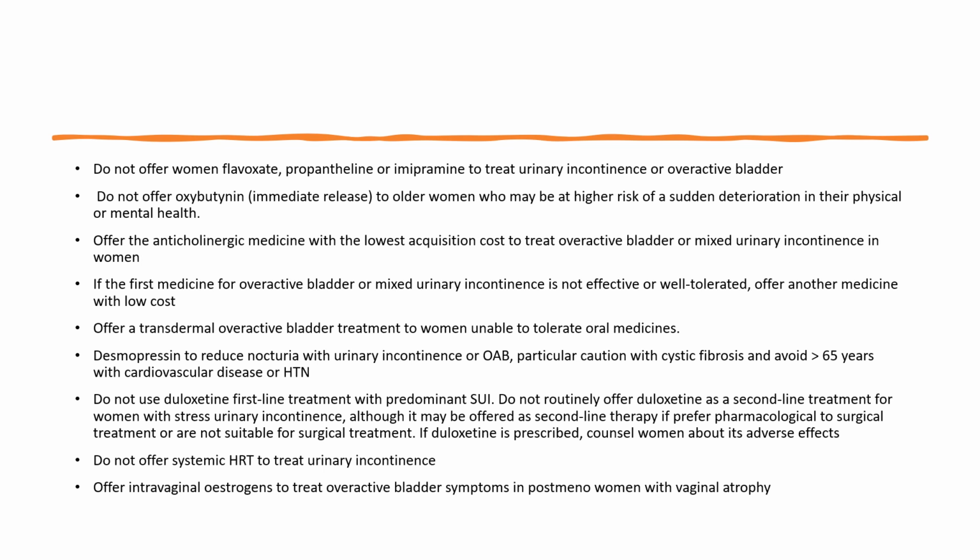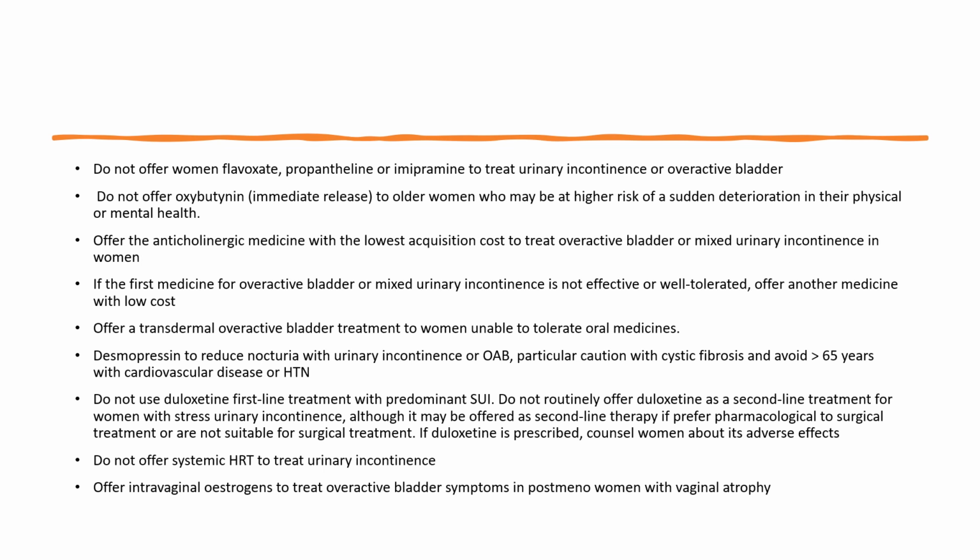Do not use duloxetine as a first-line treatment with patients with predominant stress urinary incontinence. Do not routinely offer duloxetine as a second-line treatment for stress urinary incontinence, although it may be offered as a second line if the patient prefers pharmacological treatment to surgical treatment or is not suitable for surgical treatment.